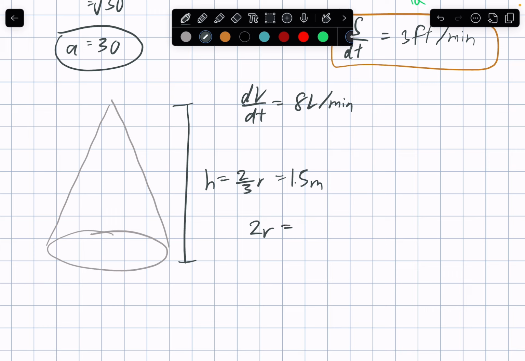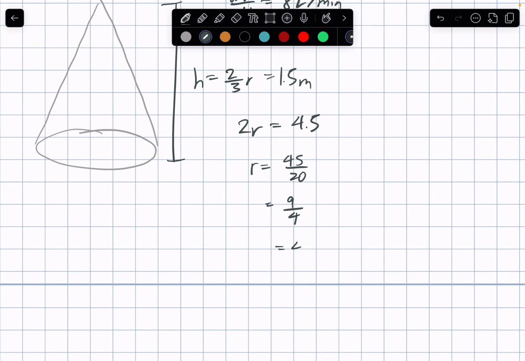Let's find the radius with that information. Oh, okay.